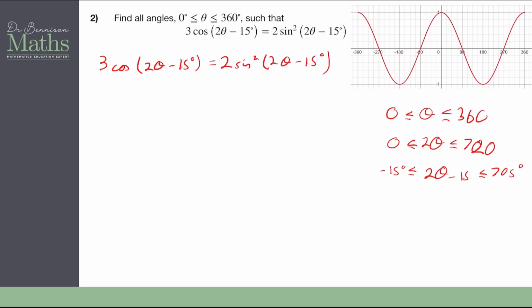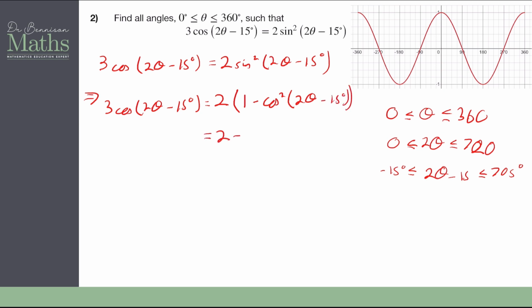Well, that's going to imply that 3 cos (2 theta minus 15 degrees) is equal to 2 lots of 1 minus cos squared (2 theta minus 15 degrees). So we get 2 minus 2 cos squared (2 theta minus 15 degrees).